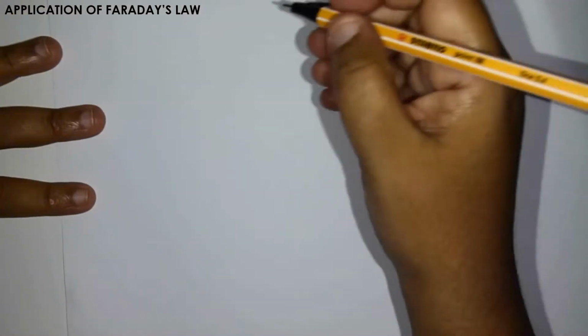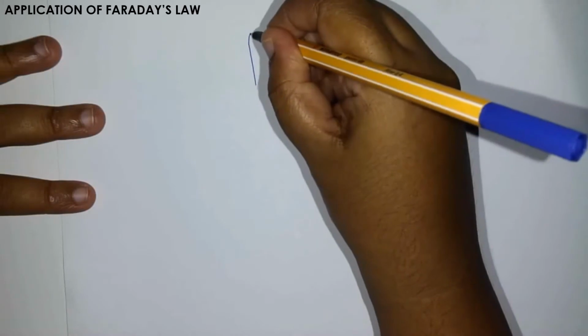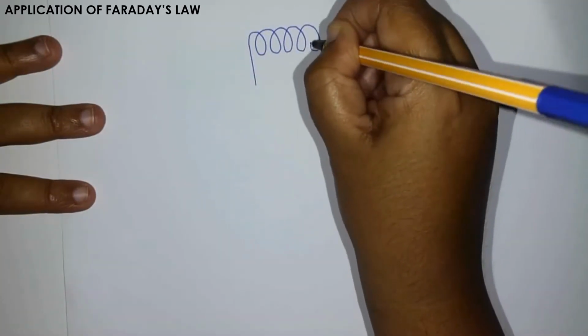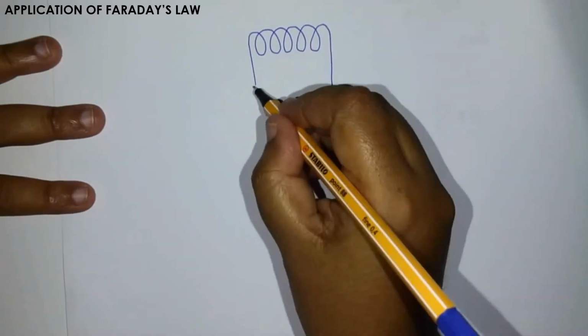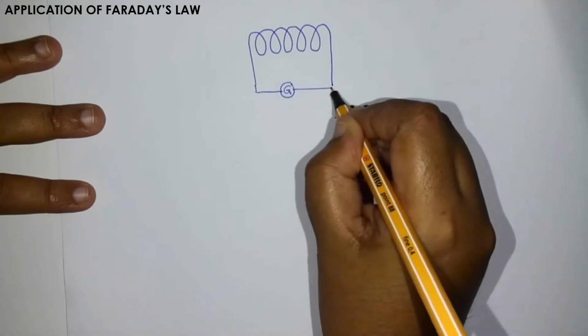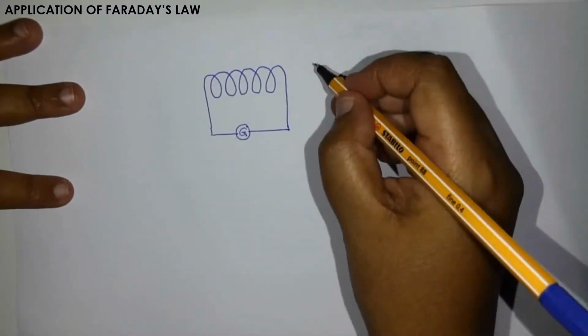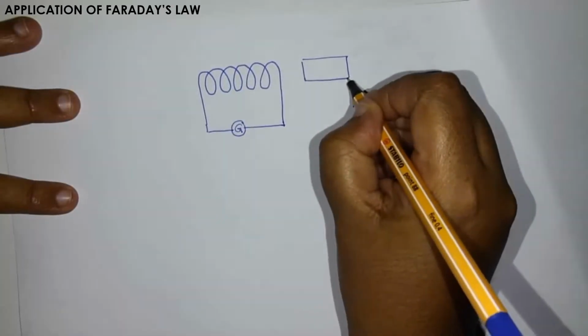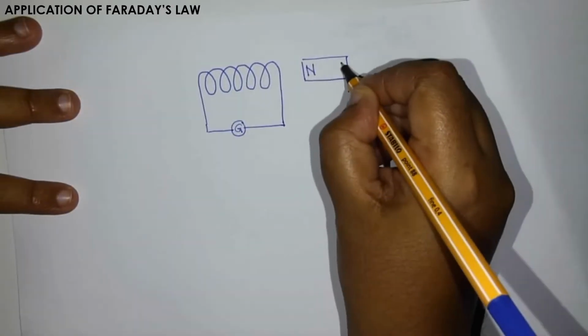So this is what you have studied in your Form 5, to apply Faraday's law to an example which is a solenoid. So we're going to look at a solenoid. I have a conductor which is a solenoid, fixed to a galvanometer. Then I have a bar magnet, where this is north, this is south.